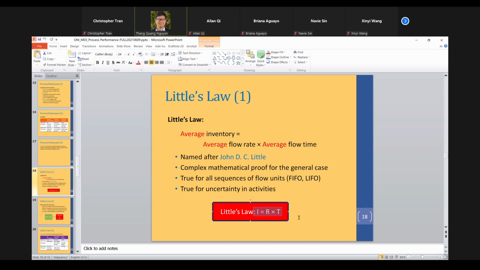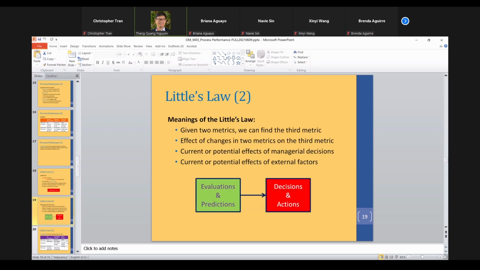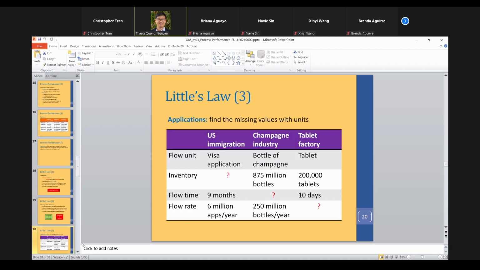It depends on the business situation, like what is easy and what is hard. If you measure the first two easy metrics, then you can easily calculate the third one based on Little's Law.